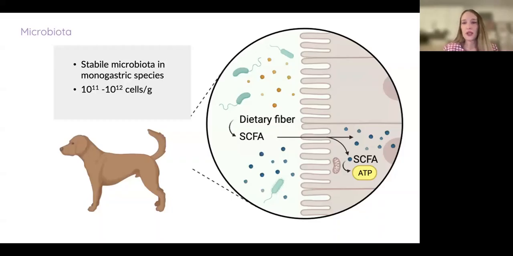Here depicted we can see the words short-chain fatty acids, for short. After fermentation of the fiber, we would see the production of short-chain fatty acids, but not just those molecules. There are also secondary bile acids and many other active molecules that are a result of fermentation.